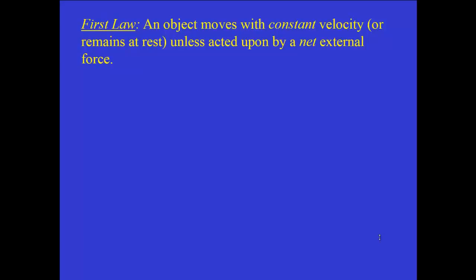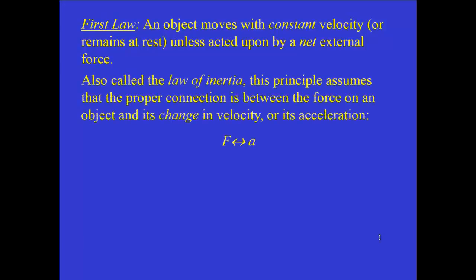So an agent acting on an object provides a force. And the first law says that if there's not a net external force, then you've got a constant velocity. If there is a net external force, by implication, then the velocity is going to change.